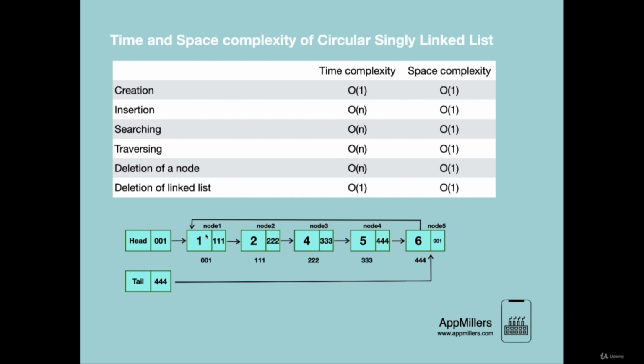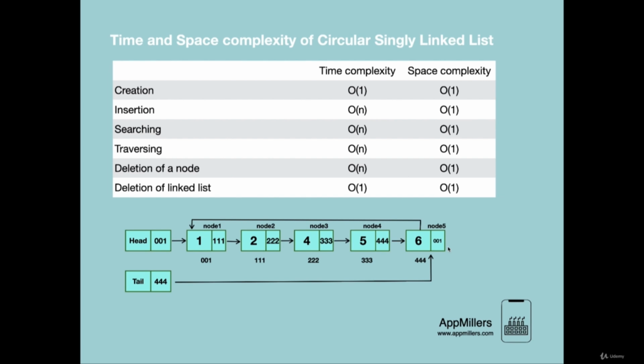In each loop, we are checking the value of the node against the value that we are looking for. So to find 4, we need to visit all these nodes. In the worst case, this takes O(n) time complexity because the value that we are looking for might be at the end of circular single linked list. The space complexity for this operation is O(1) because additional memory is not required.